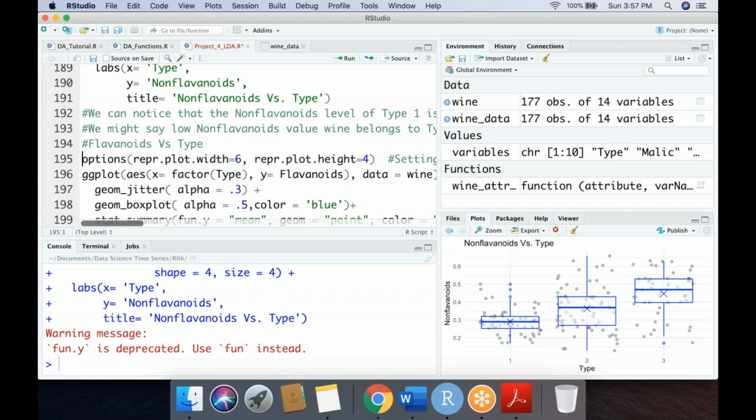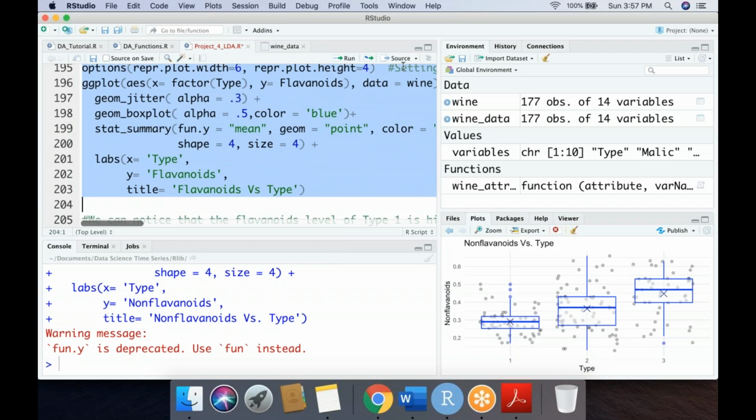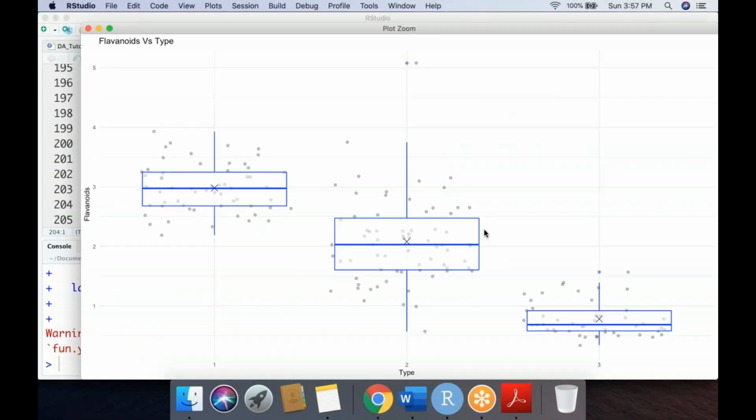So now let us take the flavonoids. It is just the other way around. It's almost an inverse of the non-flavonoids, correct? Yes. So we can say where the flavonoid values are low, that will go to class 3. Where they are high, it will go into class 1.